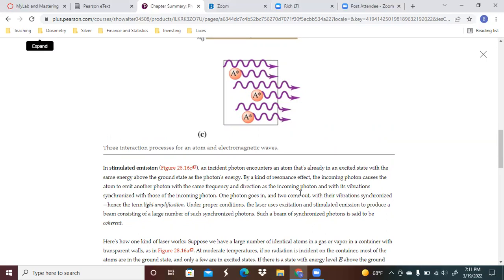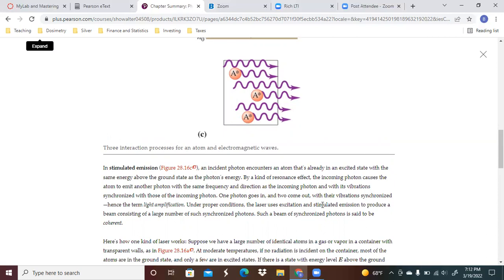By a kind of resonance effect, the incoming photon causes the atom to emit another photon with the same frequency and direction as the incoming photon and with its vibrations synchronized with those of the incoming photon. So one photon goes in and two come out with their vibrations synchronized, and hence the term light amplification.